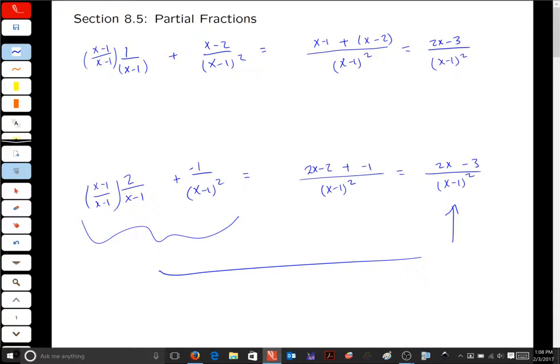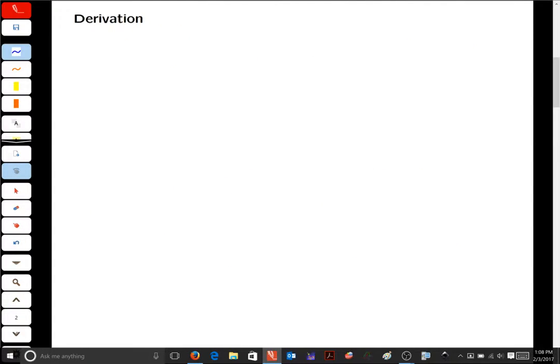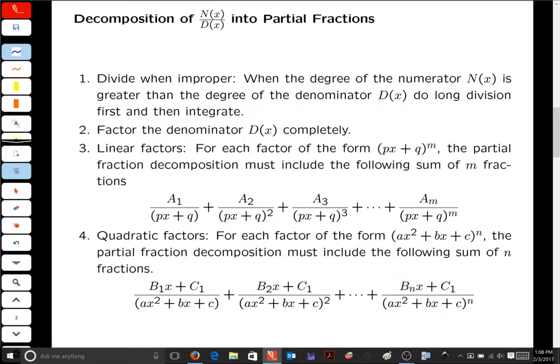So let's look at these guidelines. I'll come back to the derivation in a second. Our guidelines are: divide when you have an improper fraction. What is an improper fraction?